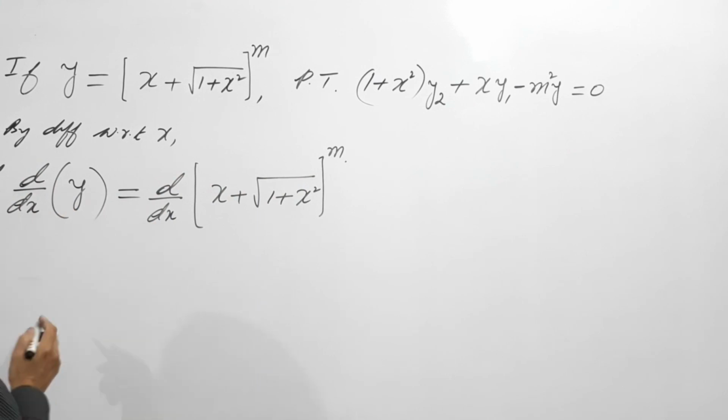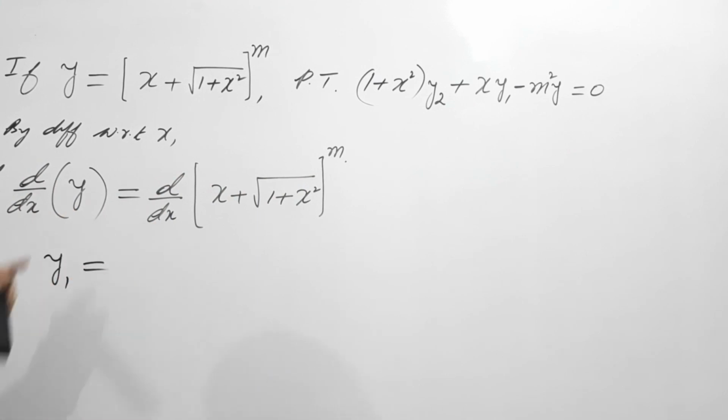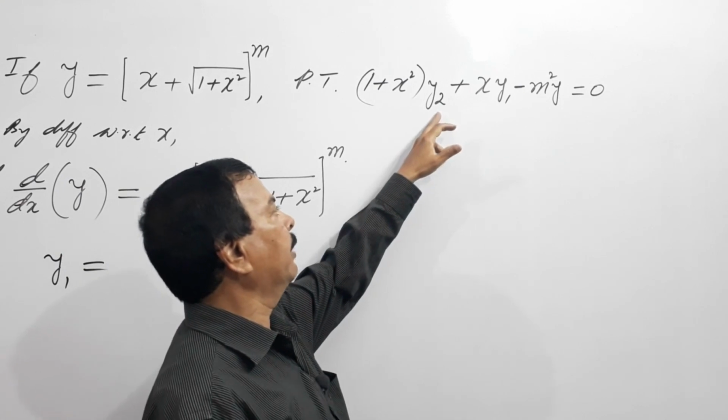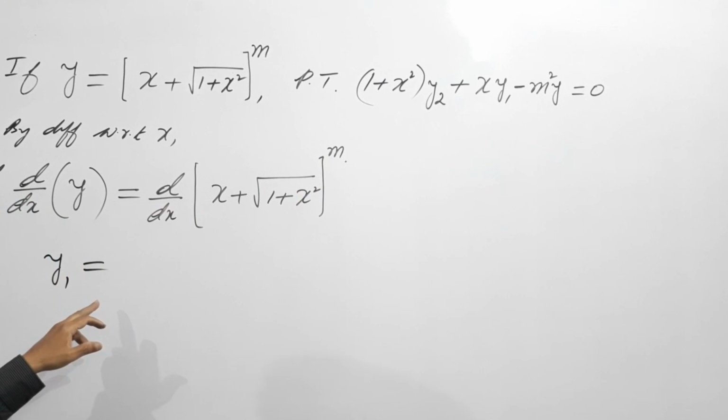If you differentiate, d by dx of y is y1. You can call this dy by dx or y1, but in the problem we need to answer in terms of y1, y2 and y, so instead of dy by dx, let me use y1.